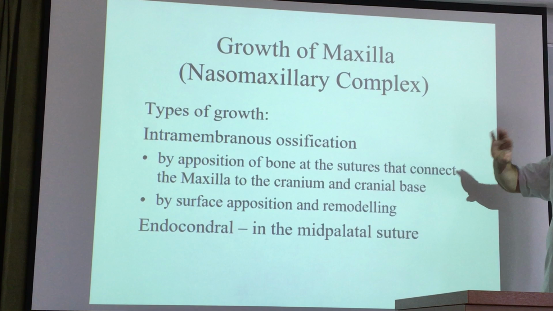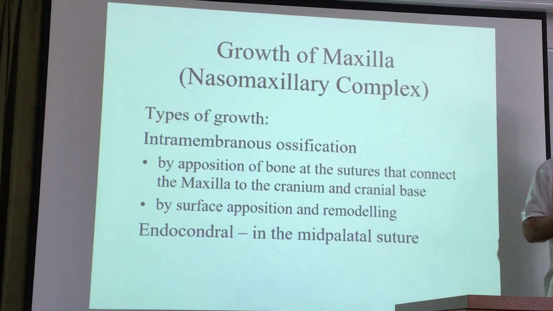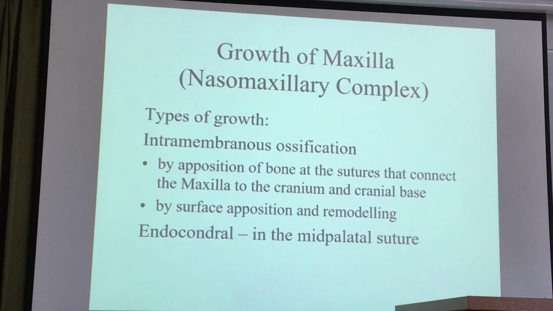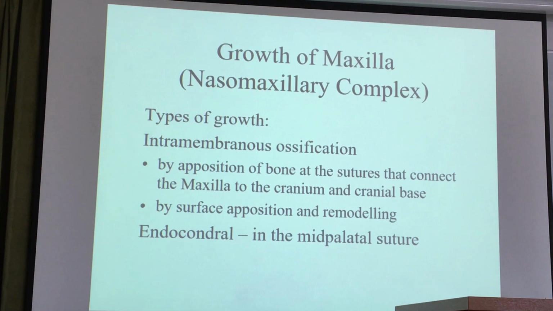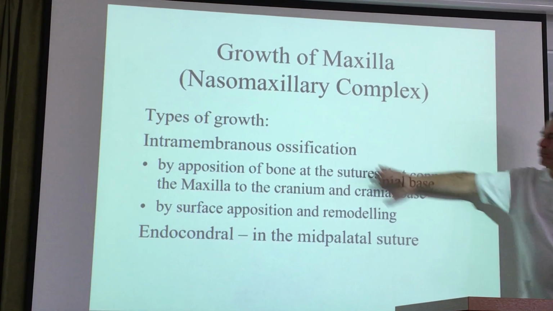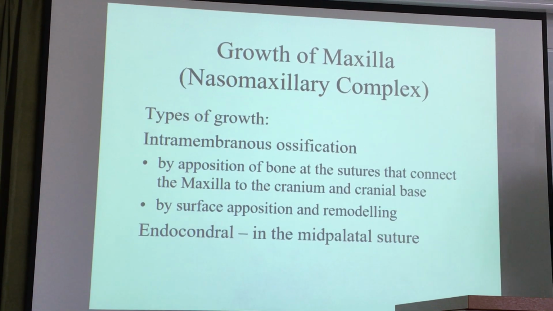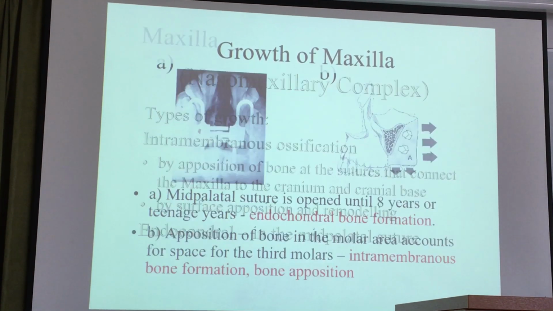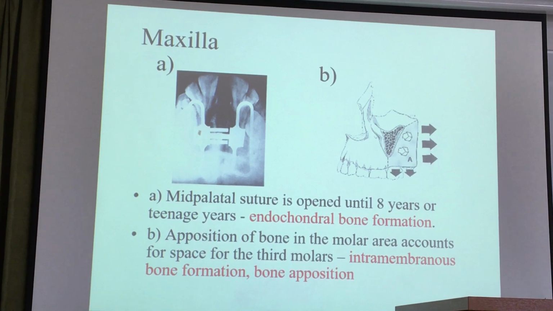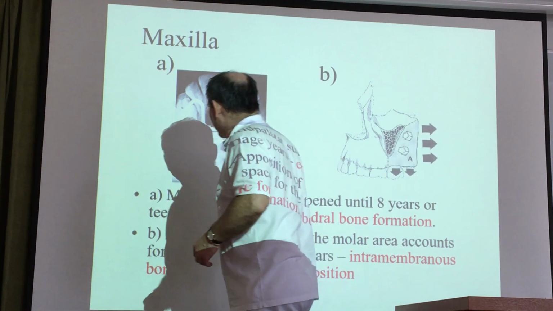And on the other sides, on the bone surface of the maxilla, in the tuberous area, in the vault, in the palatal processes and alveolar processes, we have intramembranous ossification, because the new bone is formed by the maxillary bone membrane. And this is the mid-palatal suture.